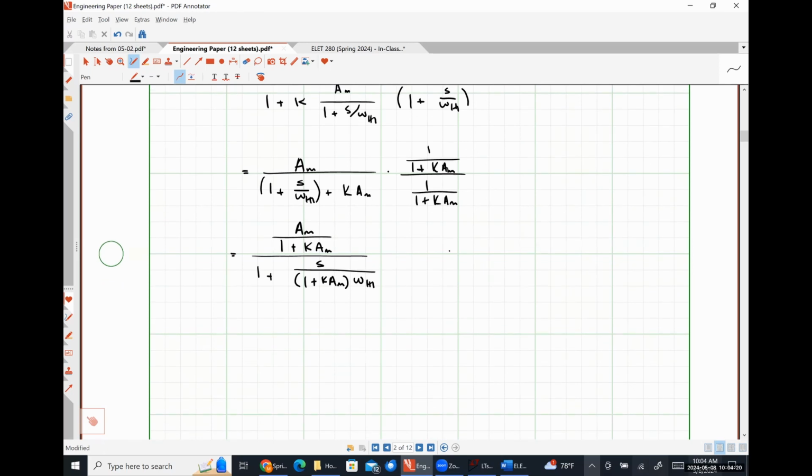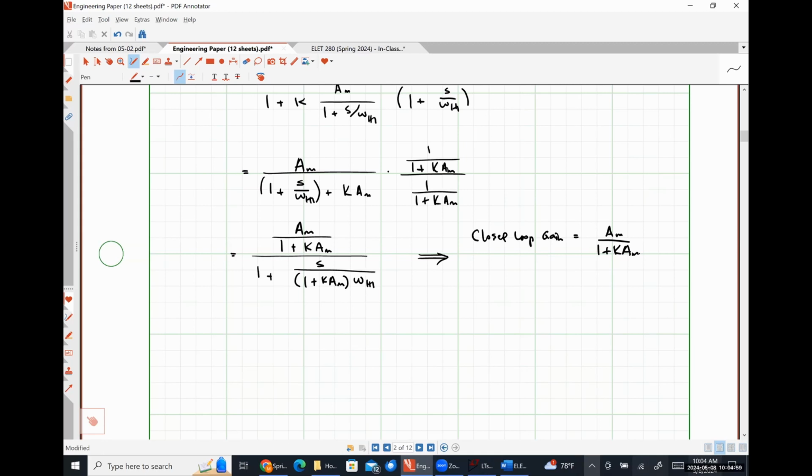So from this, we can see two things. Our closed loop gain is nothing more than AM over 1 plus KAM. So that means the magnitude of our open loop gain, not worried about the frequency response portion of it at all, but just the magnitude, has been divided by the amount of feedback that we put on it, right? 1 plus KAM.